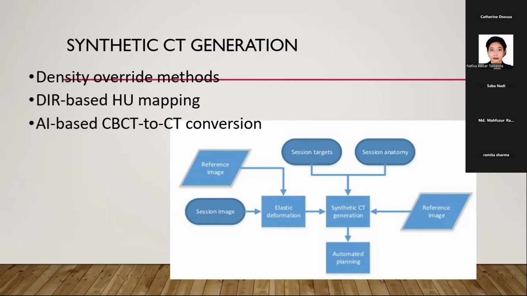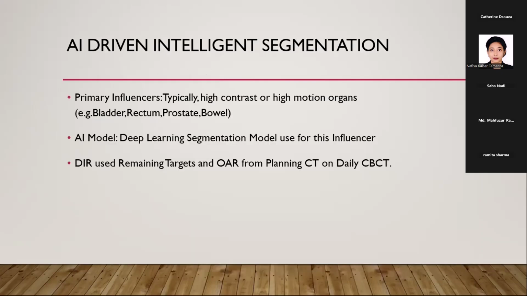So this is basically AI-based CBCT to CT conversion. We are in an AI era where the machines are also getting intelligent, and the whole radiotherapy system is now driven by AI algorithms.